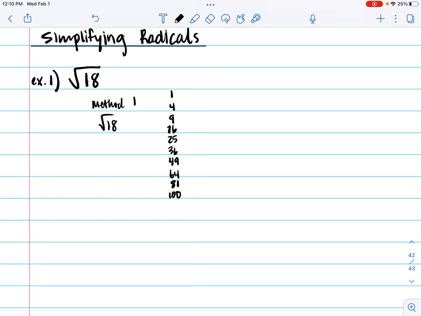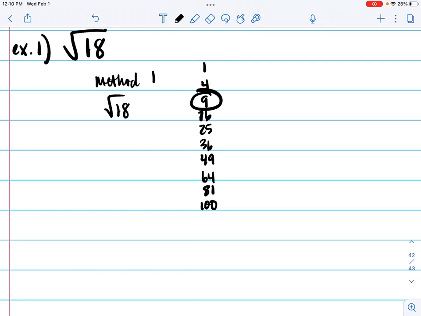And the idea is all of these numbers can be square rooted, right? So what we want to do is look for one of these numbers that divide perfectly into our radical. And in this case, 9 is the perfect square that we want to use. So we break this up, we take the square root of 9, and the product of 9 and what make 18?